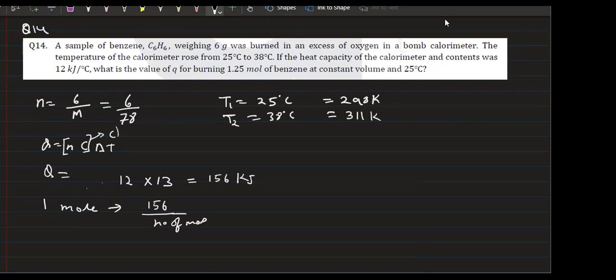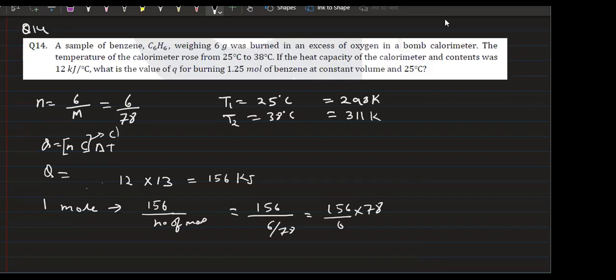So for 1 mole it will be total by number of moles. Now total is 156 by number of moles, कितना है? 6 by 78. So it will be 156 by 6 into 78, right? So this will be the heat for 1 mole. Yes or no? Tell me, this will be heat for 1 mole. Yes everyone?